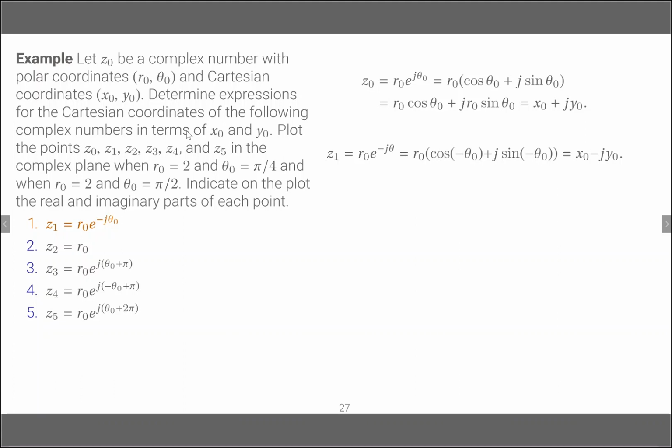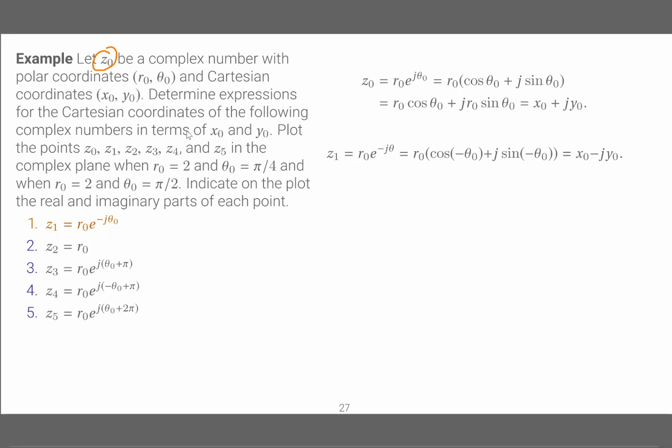Alright, so let's take an example and see how these complex numbers are represented in the complex plane based on their angle in particular. Consider a complex number z0 with polar coordinates r naught and theta naught and Cartesian coordinates x naught, y naught.